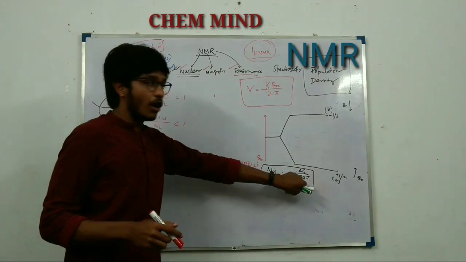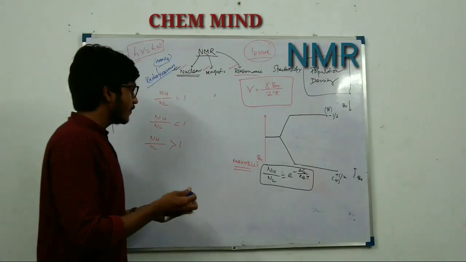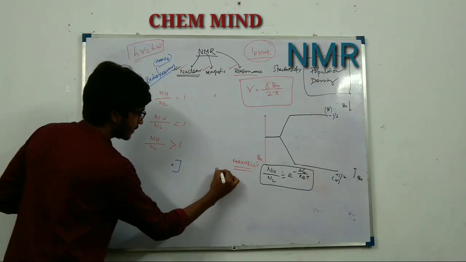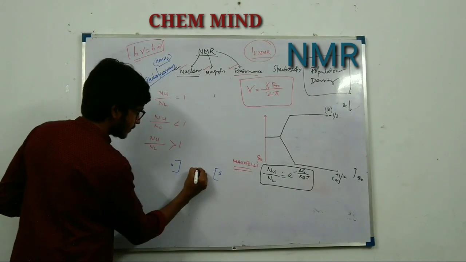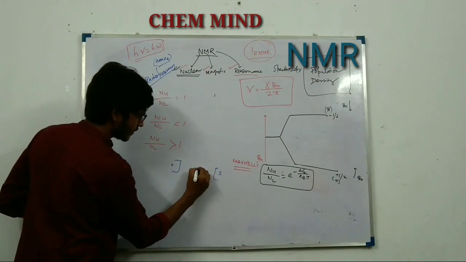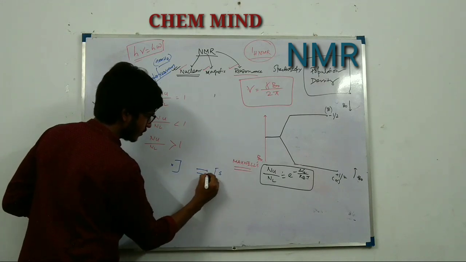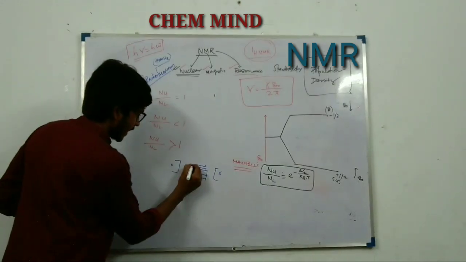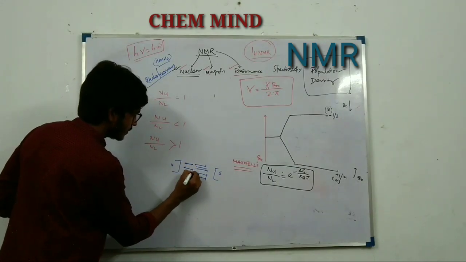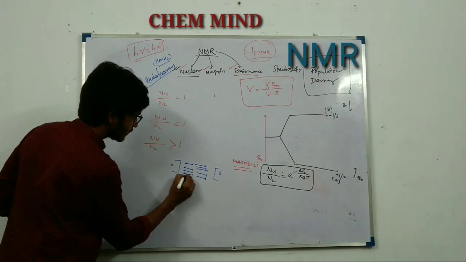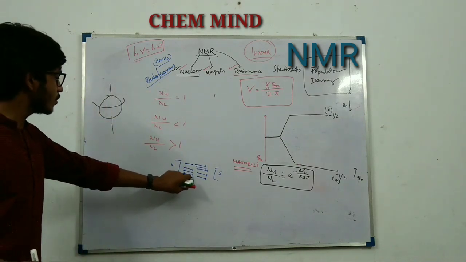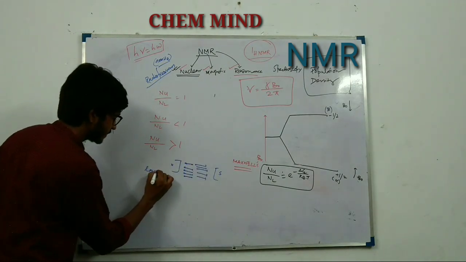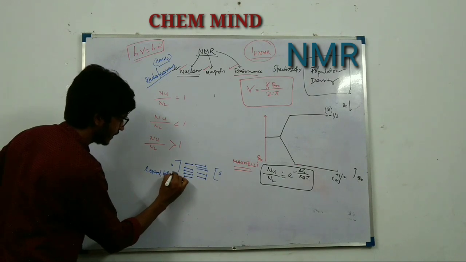According to this law, see this is the north pole of the external magnetic field, this is the south pole, and assume there are nuclei 1, 2, 3, 4 and 5. So there is an equal population density, and that state is known as equal population density.